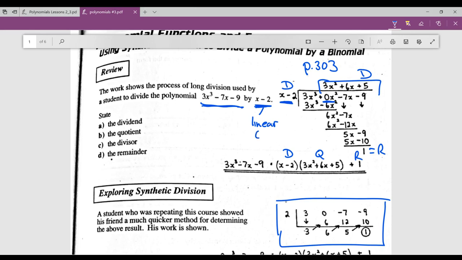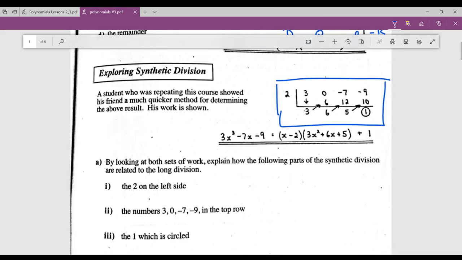And linear means degree of 1. Synthetic is much faster to use. If it's nonlinear, which we do not deal with in Math 12, it gets much more complicated to use synthetic, and actually long division is a faster and better way. But for Math 12, we will only deal with linear denominators, so synthetic division is all you need to know.